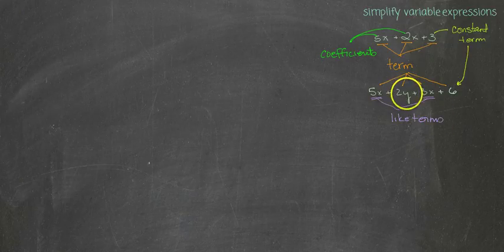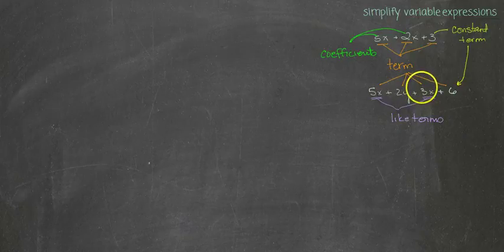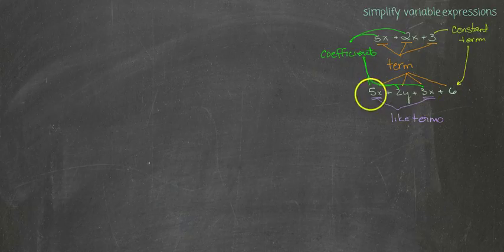So 2y is not like 3x or 5x because the variable is different. Like terms are terms that have the same variable configuration in them. And just to be abundantly clear, it doesn't really matter which variable is attached to it. The number part, the value, the numeral, is still a coefficient. So in the second expression, 5 is a coefficient, 2 is a coefficient, and 3 is a coefficient.